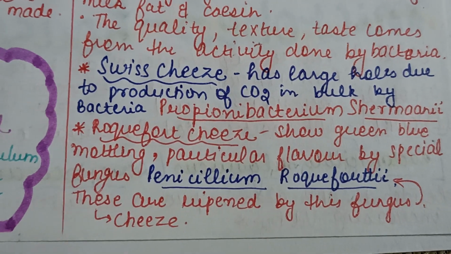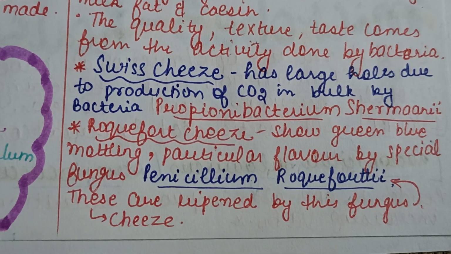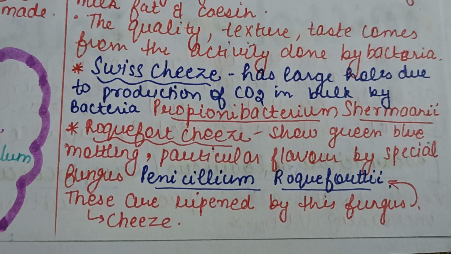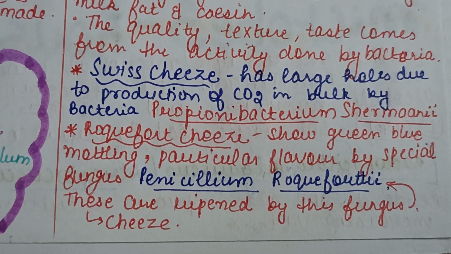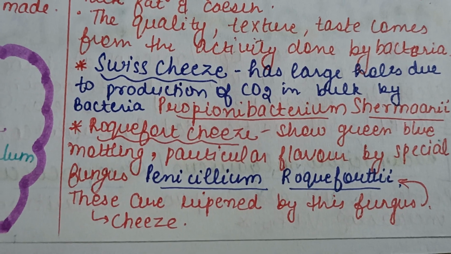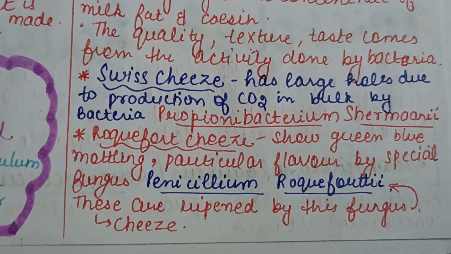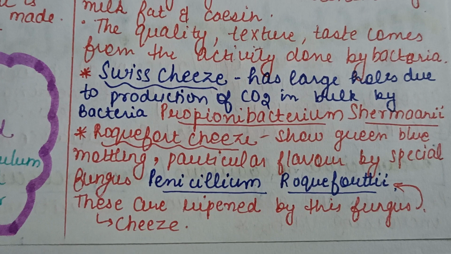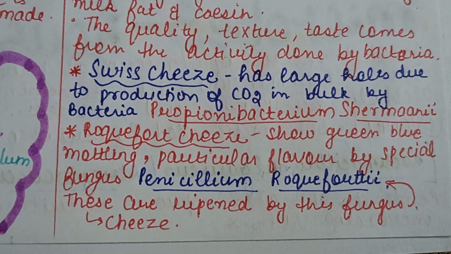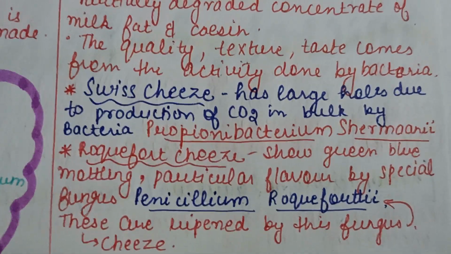After that is a famous cheese called Roquefort cheese, which shows green-blue mottling and a particular flavor due to a special fungus. You also have to learn this, it is very important: Penicillium roqueforti. These are ripened by this fungus.